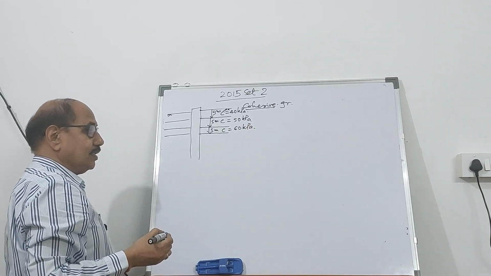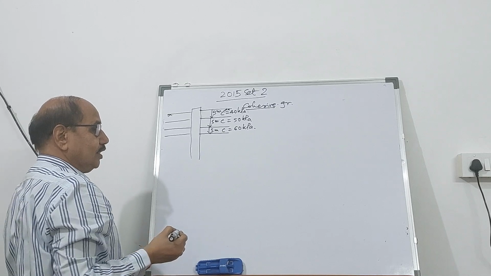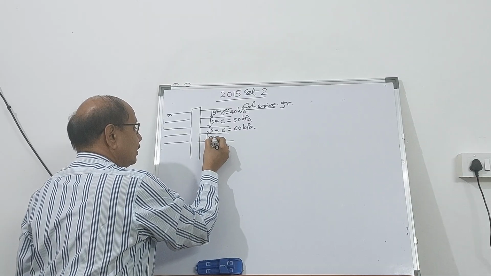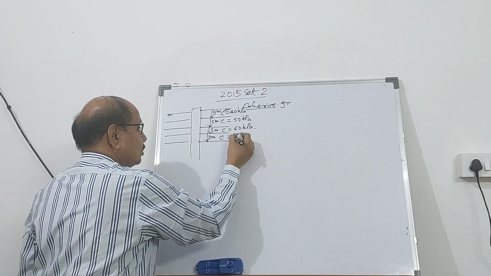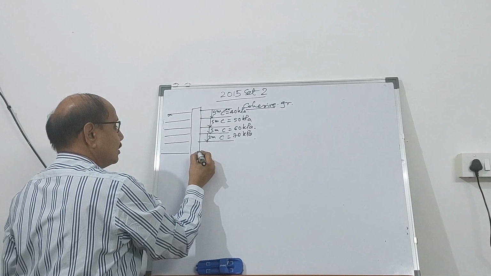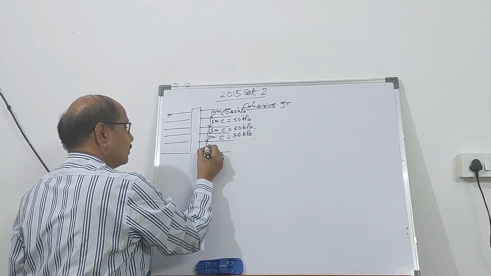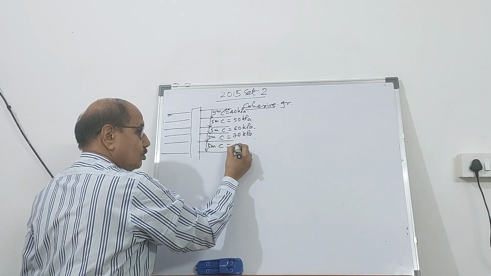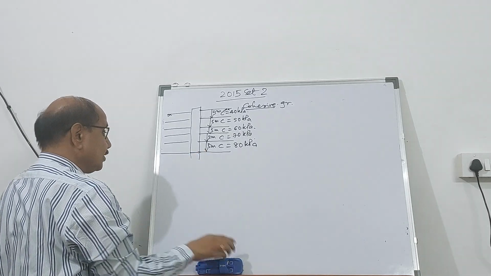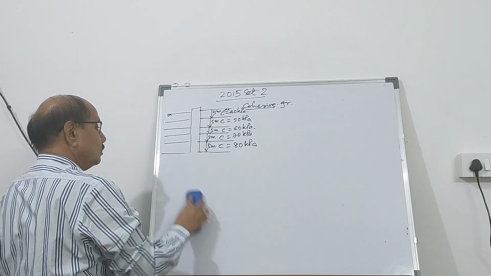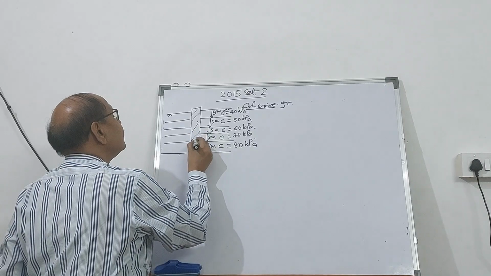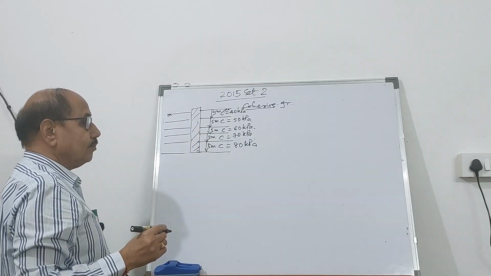So first 40, second 50, third 60, and then fourth again of 5 meter, C equal to 70 kilopascal. And for the last, this is also 5 meter, C equal to 80 kilopascal. So this is the pile. Pile here terminates. So you can just see our pile embedded in the cohesive bed.